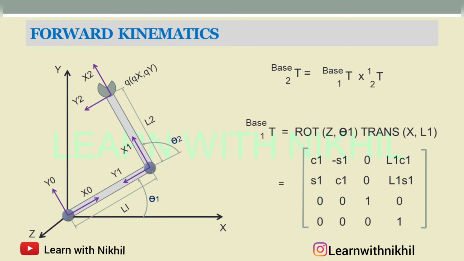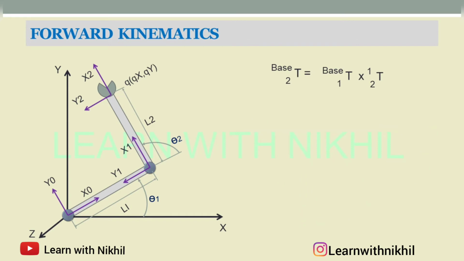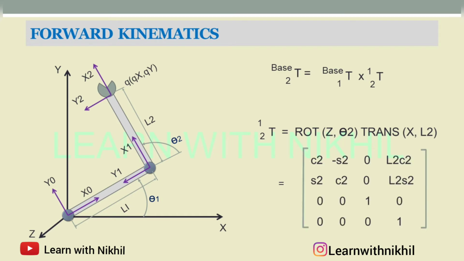Likewise, we have to find the transformation of 2 with respect to 1, and that will be the rotation about z at an angle of theta 2, and then transformation along the x axis with the length of L2.